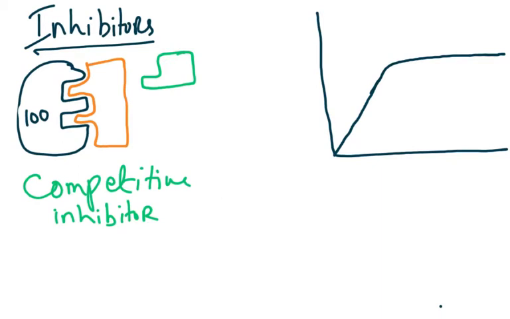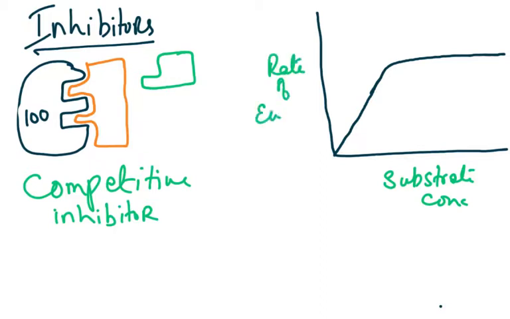Now if you look at this graph, you can see we have substrate concentration here on the x-axis, and we have rate on the y-axis, rate of enzyme action. Now we normally get a graph in which as we increase the substrate, then the rate becomes constant because the number of active sites, which is 100, becomes the limiting factor.